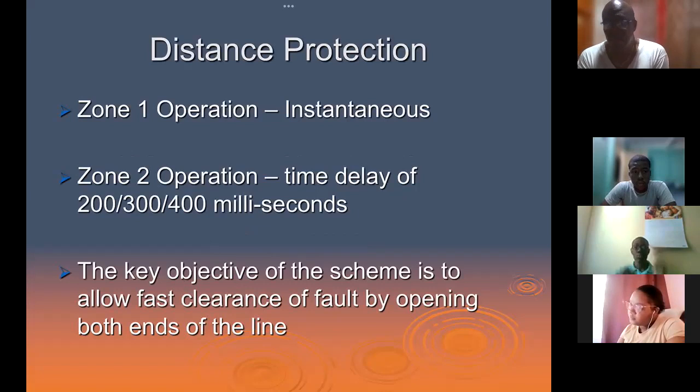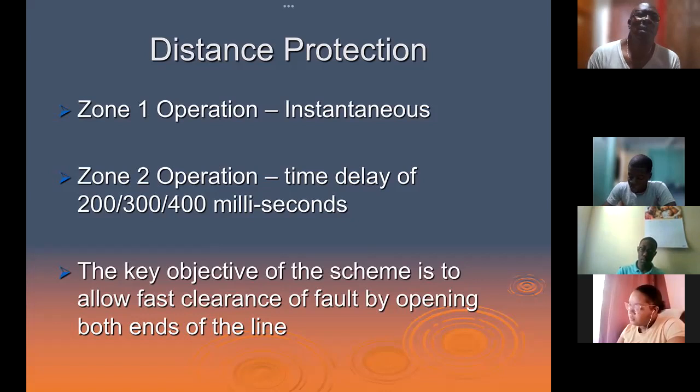And the real challenge occurs at what we refer to as the end zone of the line. Let me step back here. Part of the reason we have our zone 1 setting at less than 100% is that we're dealing with a transmission line.